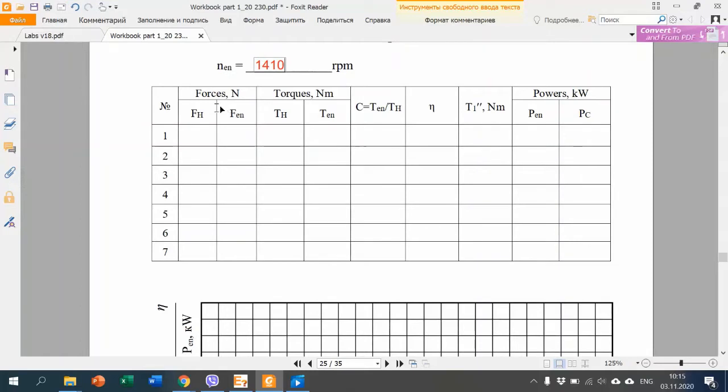See here, we should place forces. Fh is a load. F engine is the reaction of the engine on this force. And we will add a number of forces to lever L2 and fix values of F engine.